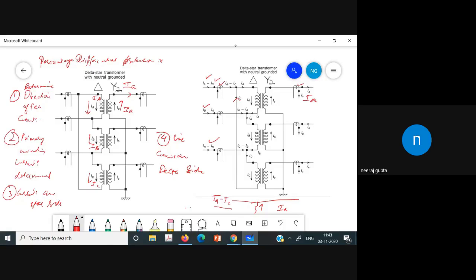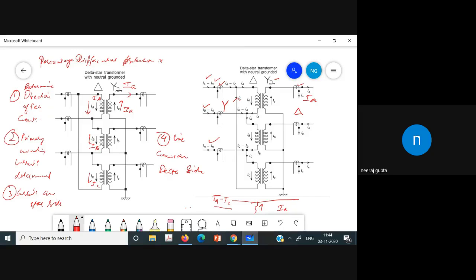However, one observation can be made: if the secondary windings of the CTs on the star side are connected in delta, and on the delta side the secondary windings are connected in star, in that case the line currents would match up, and finally we are getting no spill current under the normal condition.